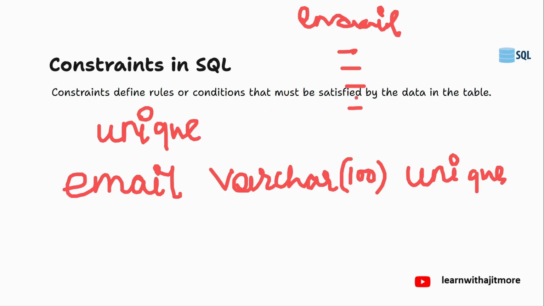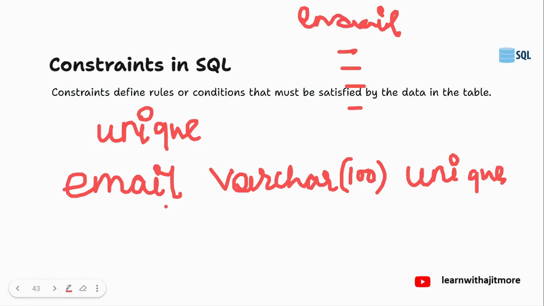Two records are there, but the emails are same? Impossible. Why? Because to email you have given unique. So whenever you try to add another record and the email you give already exists, it will not be saved. It will directly give an error: unique constraint violated.